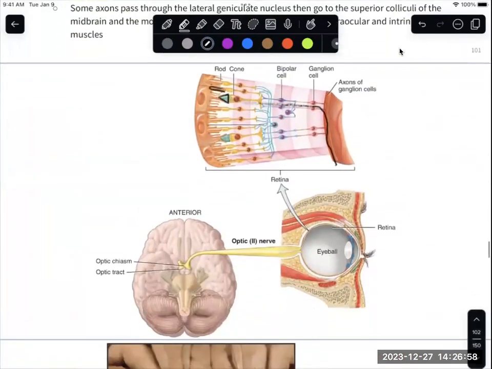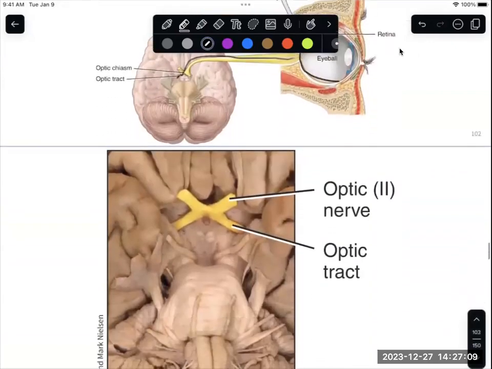This is all coming from the back of your eyeball to that optic nerve to this optic chiasm here, which is this cross. Here on a brain, you can see specifically this optic nerve and then this optic tract. Here is this optic chiasm. It's this whole crossing area.